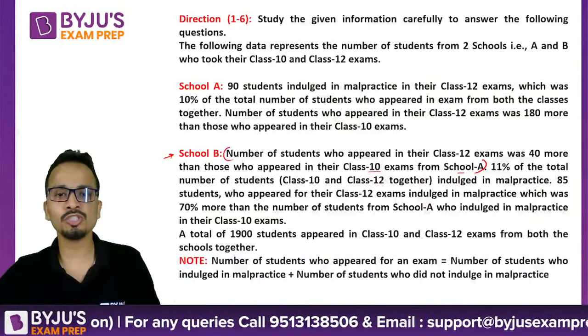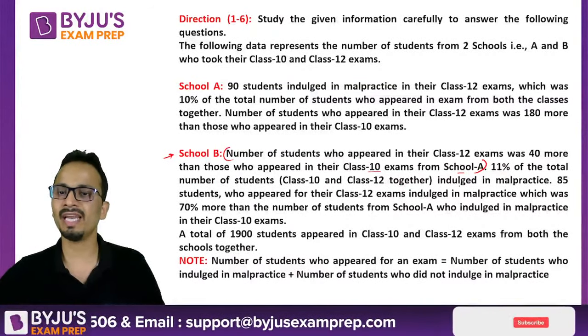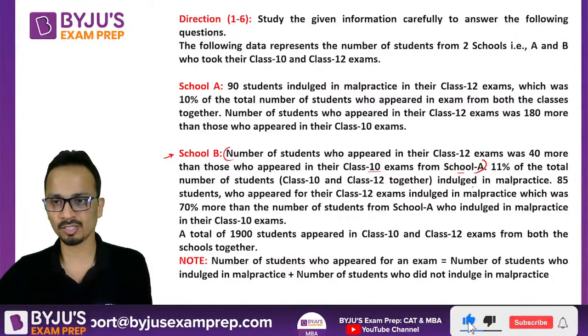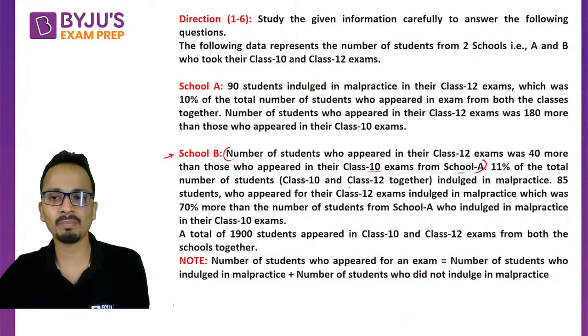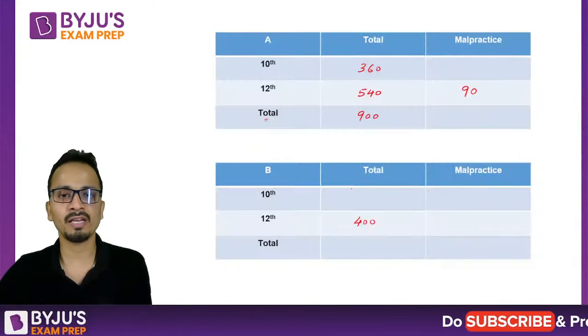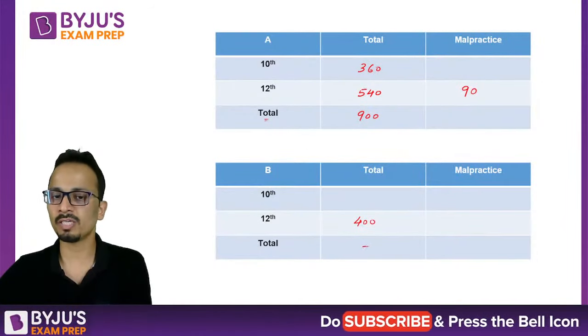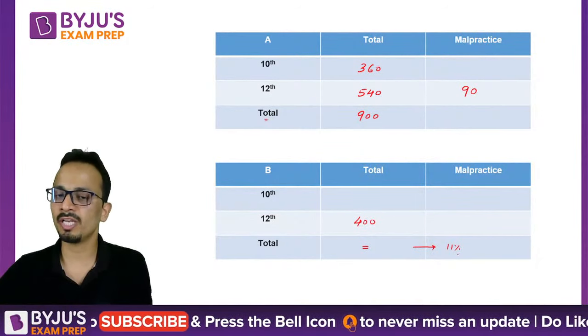Now 11% of total number of students, class 10th and 12th together, indulged in malpractice. So 11% of total indulged in malpractice in this school. So I can say that if I go back to the table, whatever is the total here, उसका 11% will be indulged in malpractice.